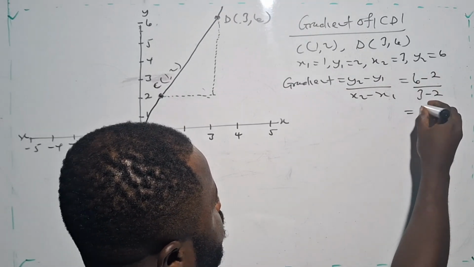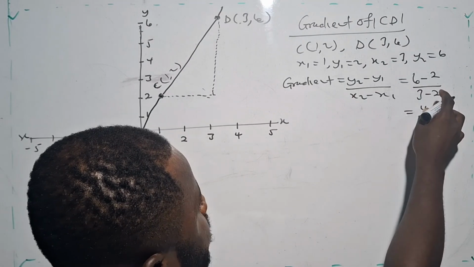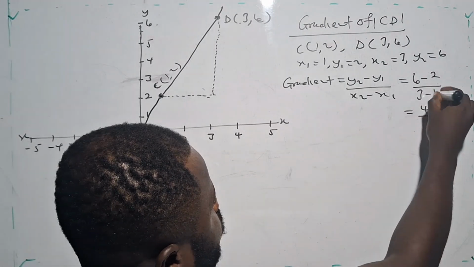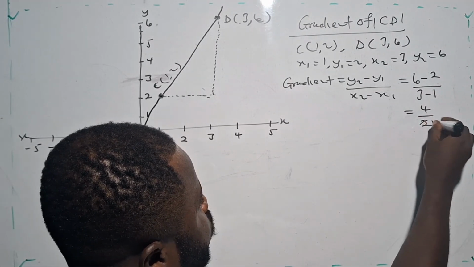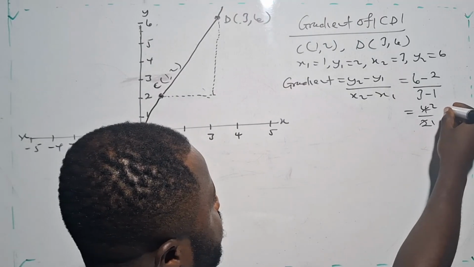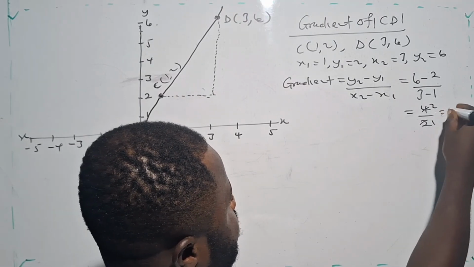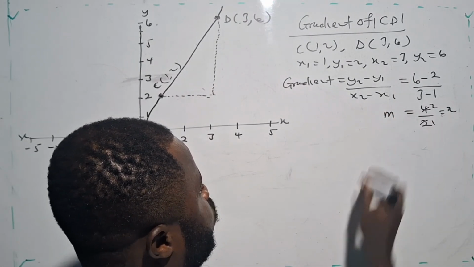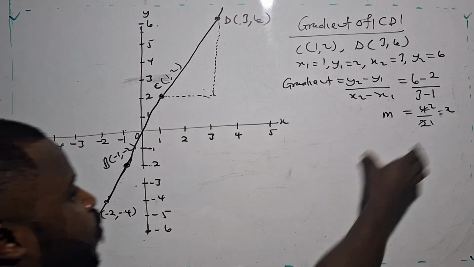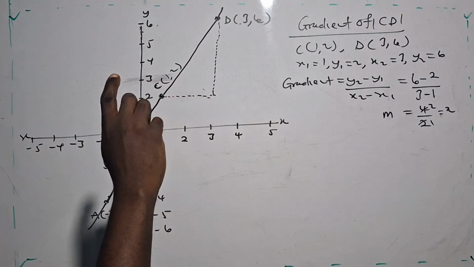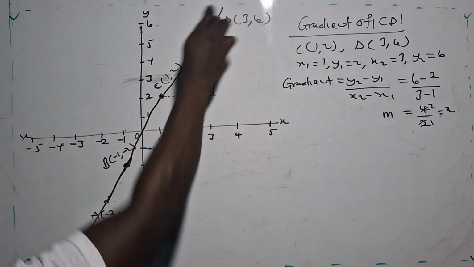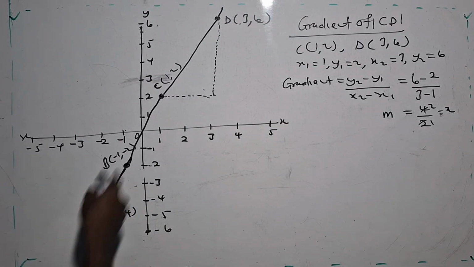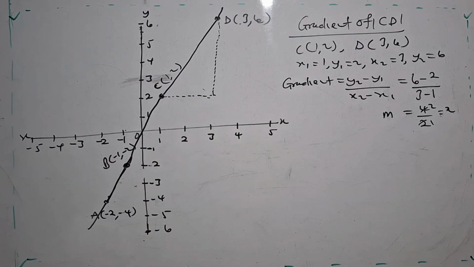So the top one will give me 4, the down one will give me 2. So this will divide here, 1, divide here. So 2 on 1 is the same as 2. So what did I get for the gradient? 2. Yes, I've gotten the gradient 2. I picked this point. Now let me come and pick the AB.